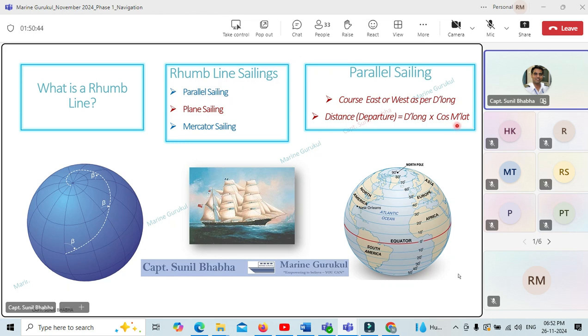In a parallel sailing scenario, the mean lat for initial and final ports will be equal to the latitude of both the ports, because both the ports are at the same parallel of latitude. So using this formula, putting the value of d-long and the value of latitude here, we get the departure, and this departure is the distance between the initial and final positions.